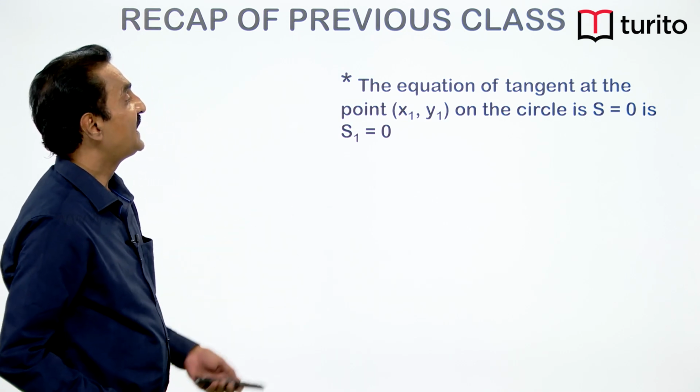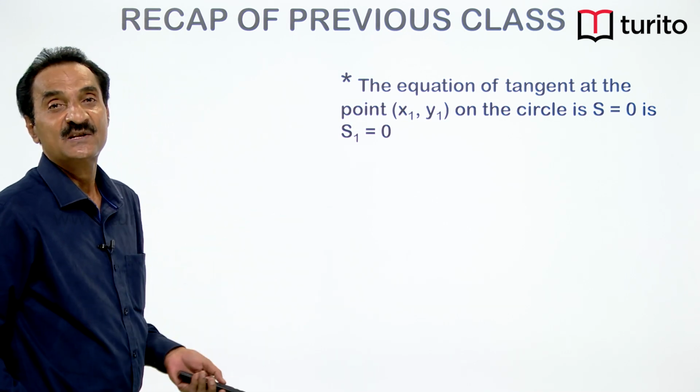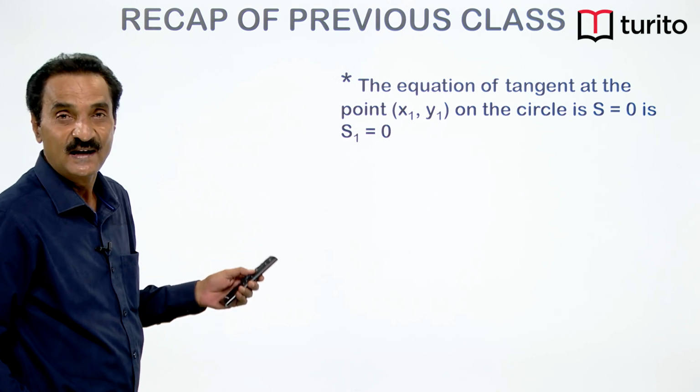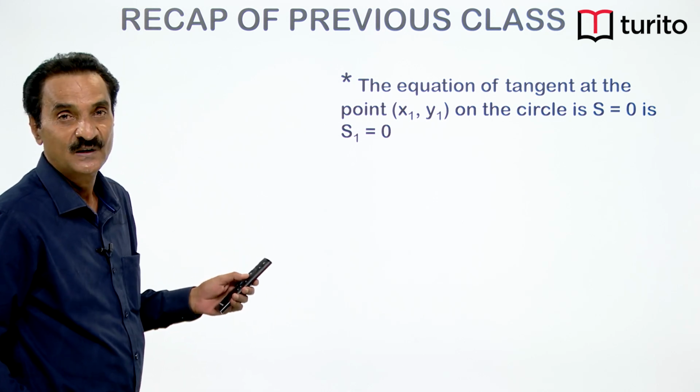The equation of the tangent at a point x1, y1 to the circle S = 0 is S1 = 0. What is S1?